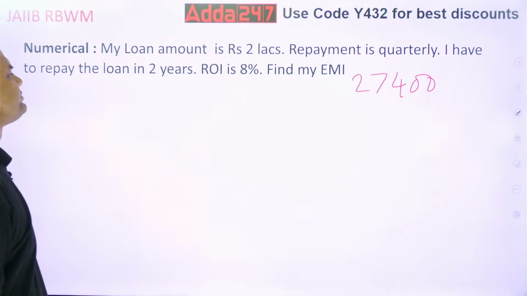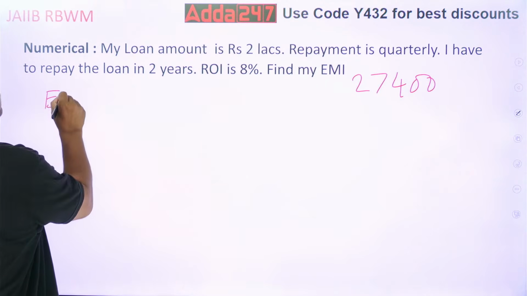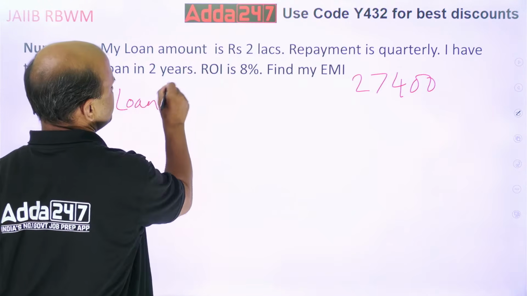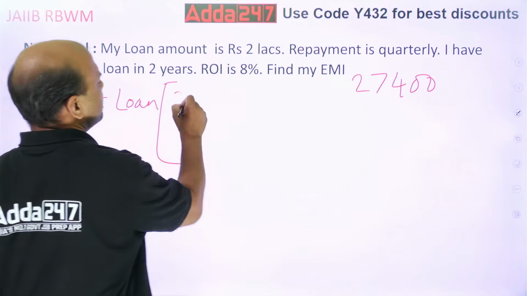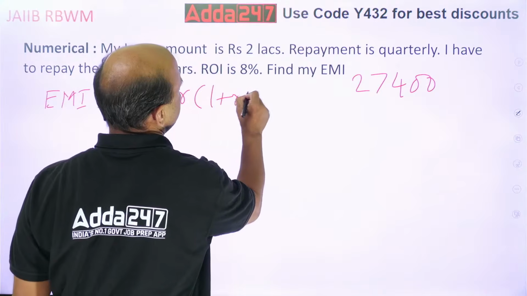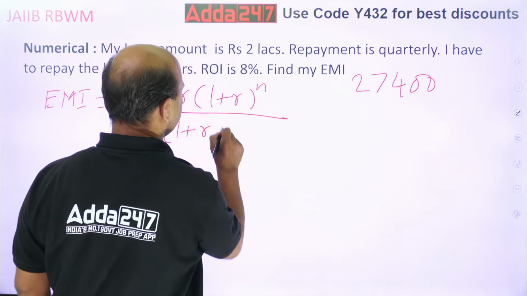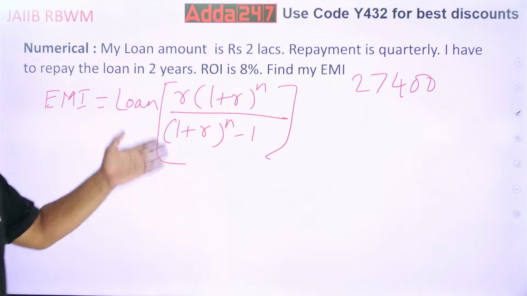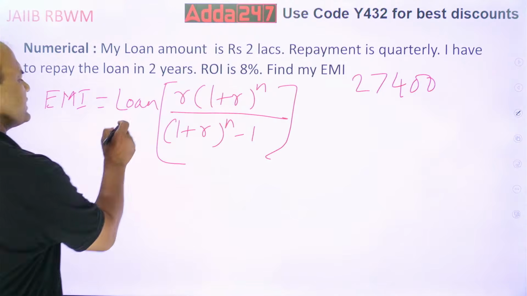What is the formula of EMI? EMI equals loan into, just reverse that formula of present value, R into (1 plus R) raised to N, the whole upon (1 plus R) raised to N minus 1. Okay? This is the formula. So loan is 2 lakhs.